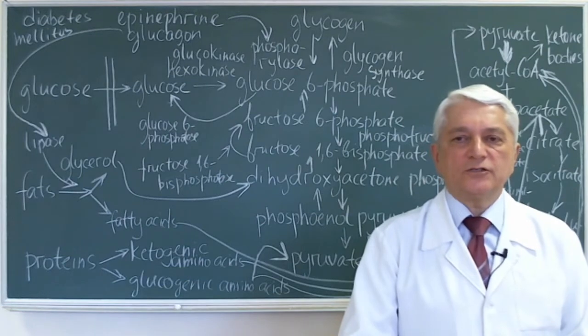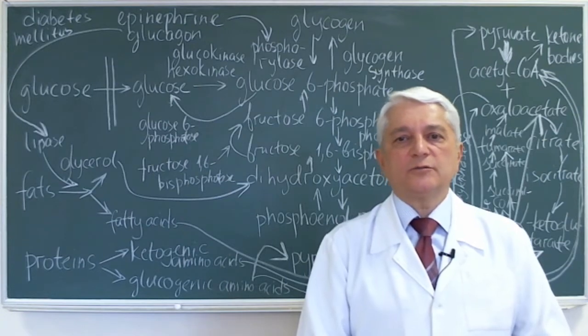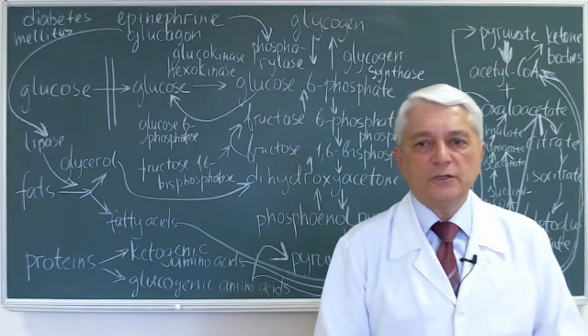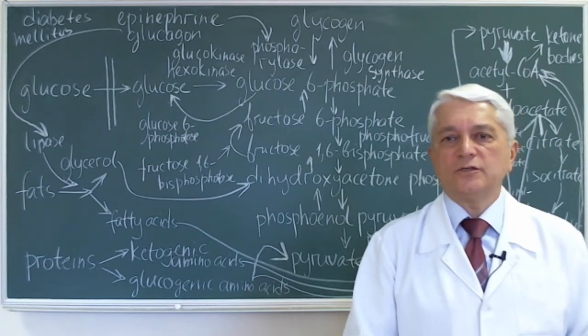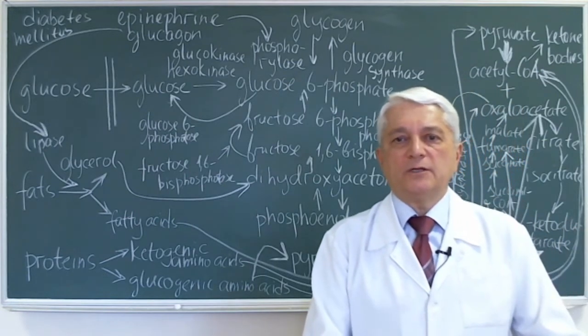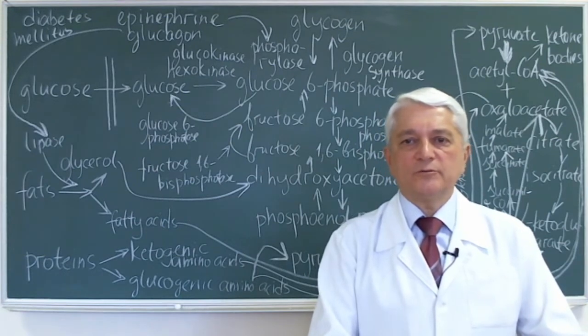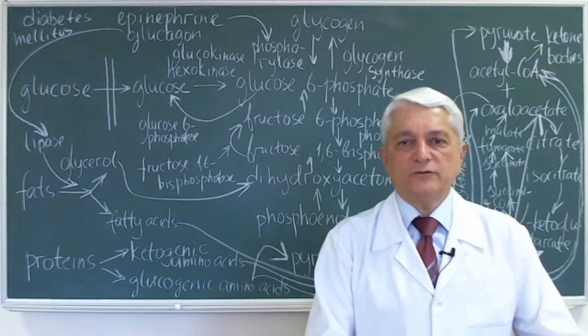The translation of the word diabetes from the Greek language is producing a lot of fluid. So this patient is producing a lot of urine, and at that time it was a very dangerous symptom, because there was no idea how to treat this disease.